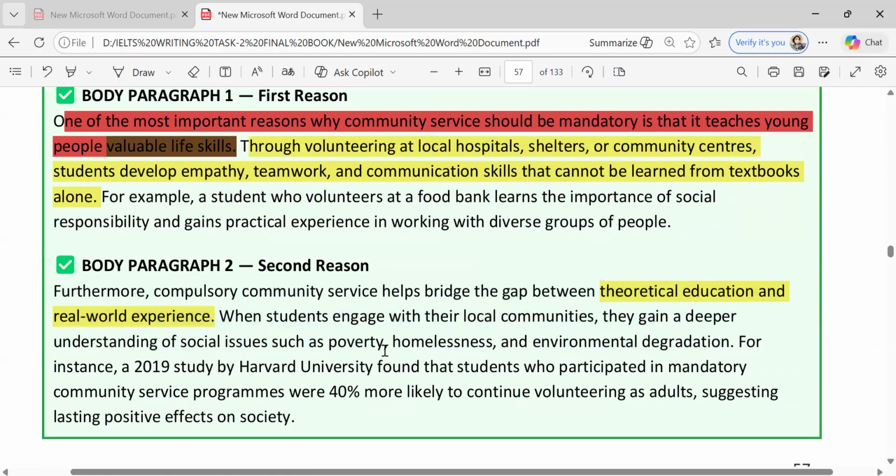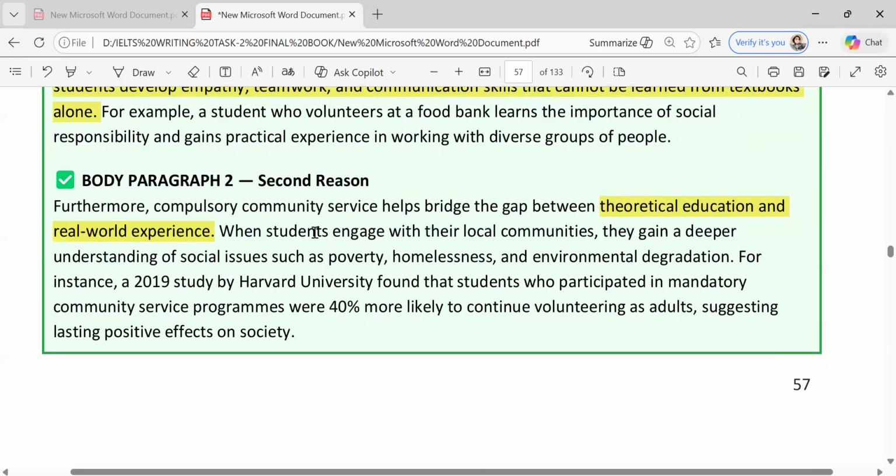If you take example, the main body paragraph number two: furthermore, compulsory community services helps bridge the gap between theoretical education and real world experience. When students engage with their local communities, they gain a deeper understanding of social issues such as poverty, homelessness, and environmental degradation.